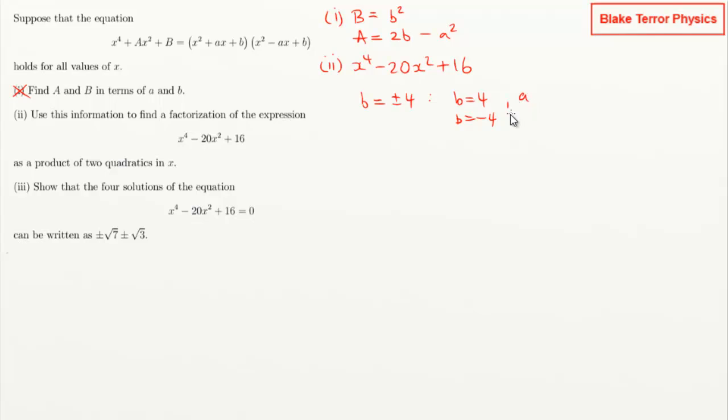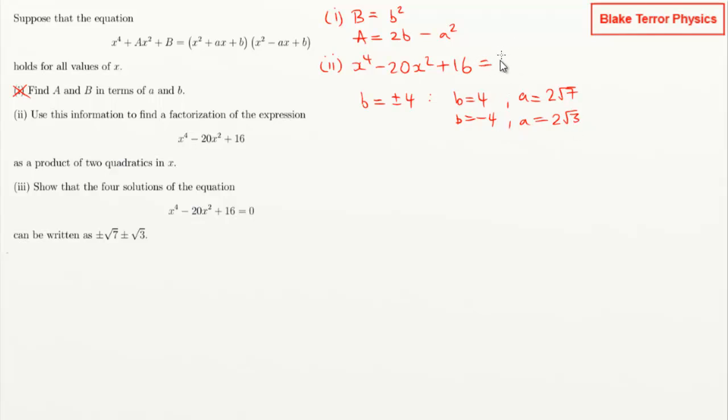If b is 4, we're going to have that minus 20 is going to be 8 minus a squared. So a squared is going to be 28, so a is 2 root 7. And if b is minus 4, a squared will have to be 12, so we'd have 2 root 3. Okay, so we can use either one of those.